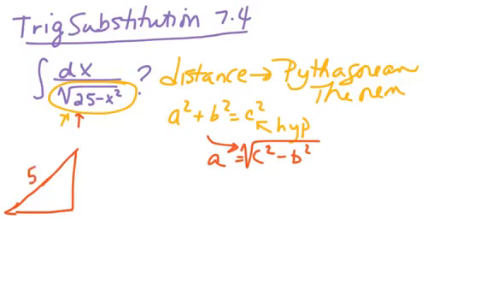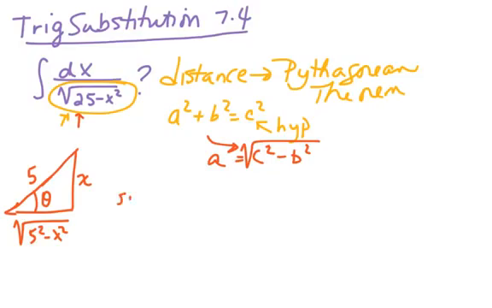So I'm going to lay that down as my hypotenuse. I'm going to put one of my legs here, and this would be the unknown leg, which is the square root of 5 squared minus x squared. The angle theta we can easily solve using the relationships of the legs of the right triangle.